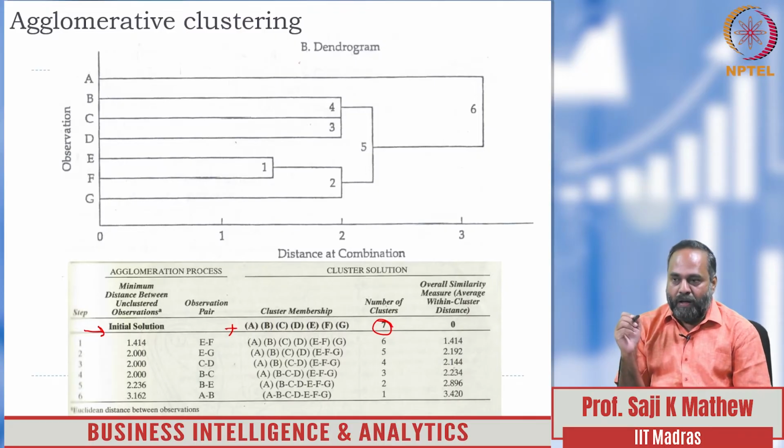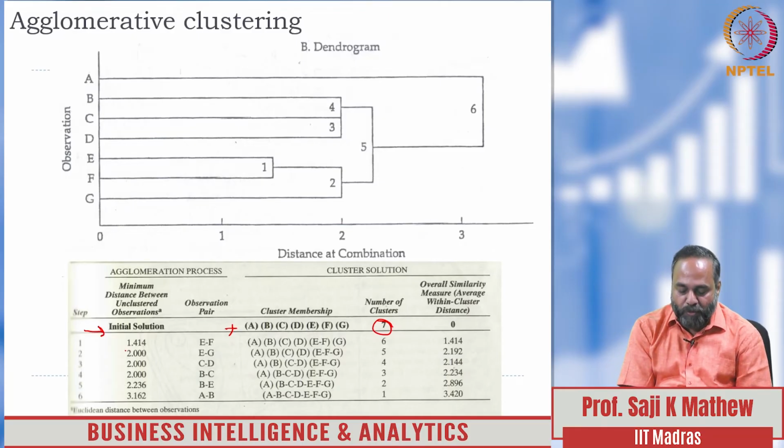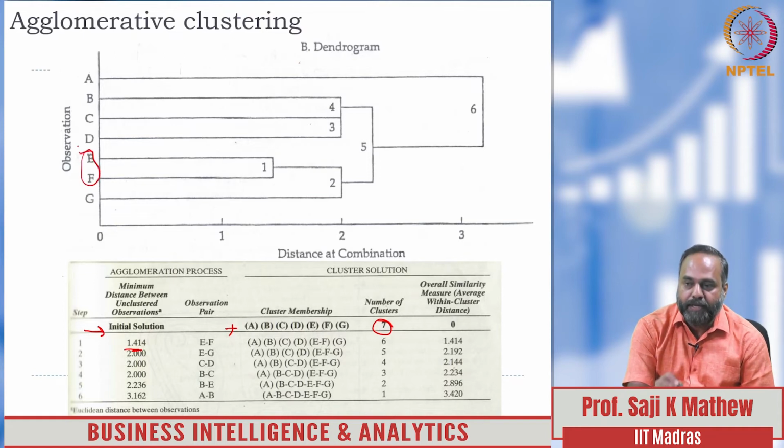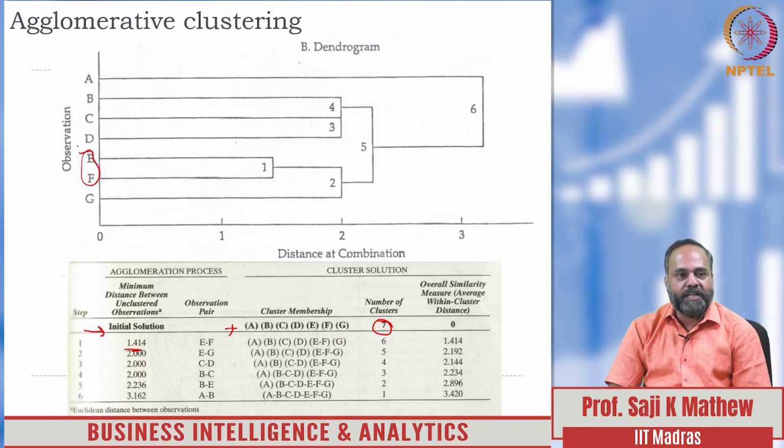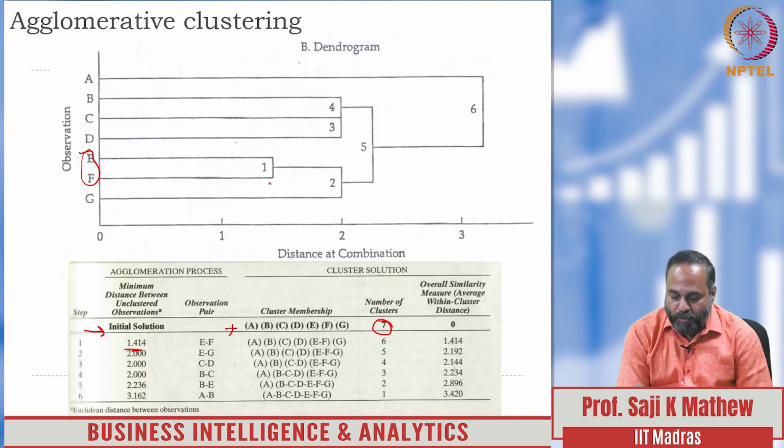And we come to step 1. When we come to step 1, we glance through the proximity matrix and spot the shortest distance. We found that the shortest distance was 1.414, and that was between E and F. Between E and F there is a distance which is 1.414, and here is 1.414.